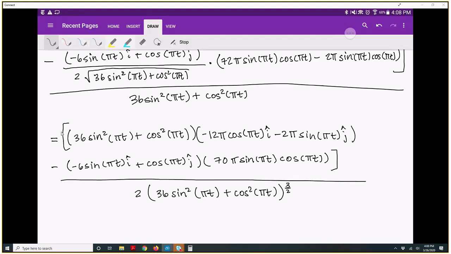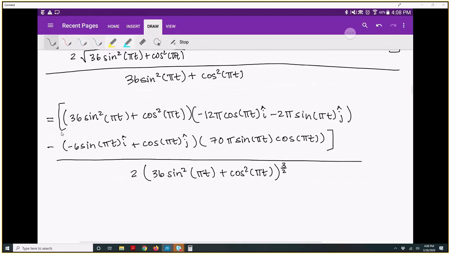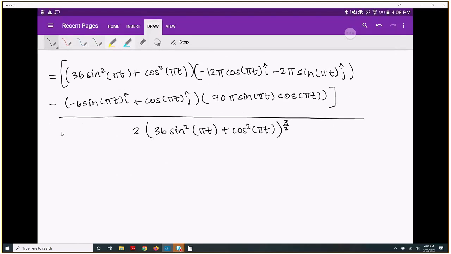Okay, and what else can we simplify? So let's go ahead and multiply these out on top. So here I'm going to get minus 432 pi sine squared of pi t cosine of pi t i cap. And I'll also have minus 12 pi cosine cubed pi t i cap.